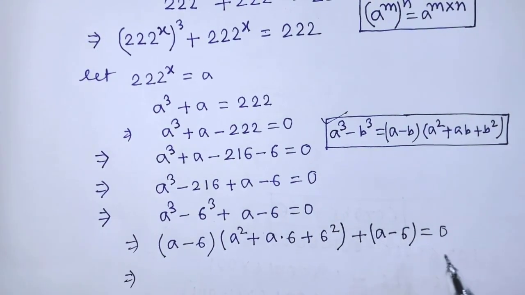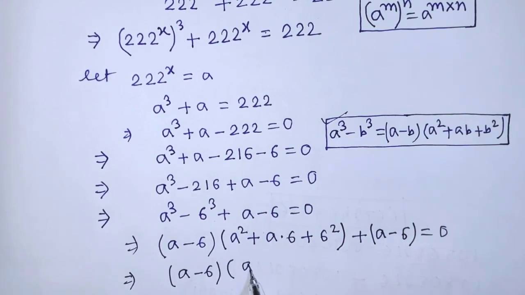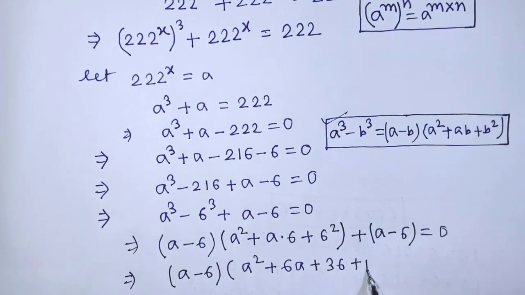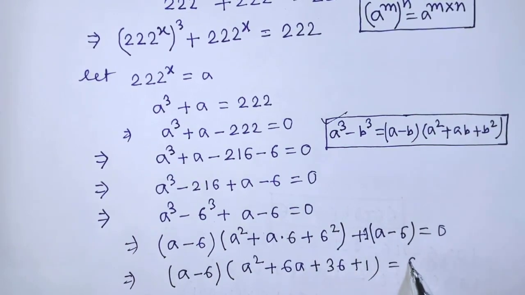On the left hand side of this equation there are two terms, and the common factor of the two terms is a - 6. So we can write from these two terms (a - 6) times (a^2 + 6a + 36 + 1) = 0.